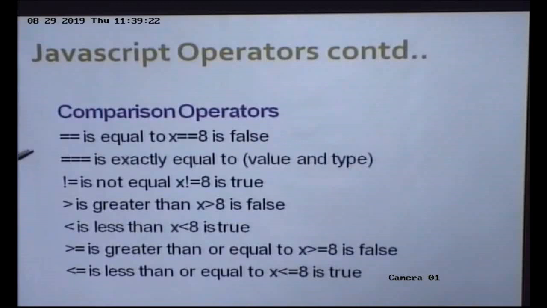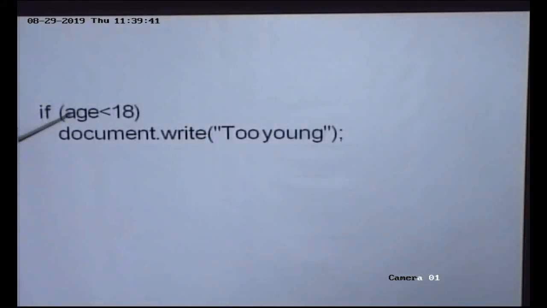Comparison operators we have already seen: is equal to, and is exactly equal to, which will check both value as well as type. Not equal to, greater than, less than, greater than or equal to, less than or equal to. These things come under the comparison operators. See here how the comparison operator has been used.